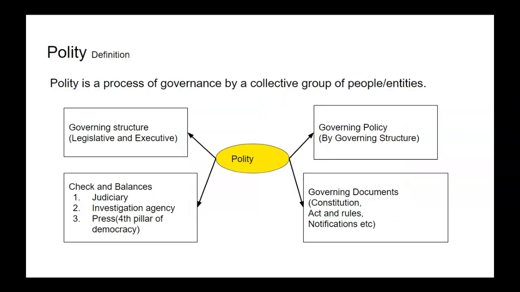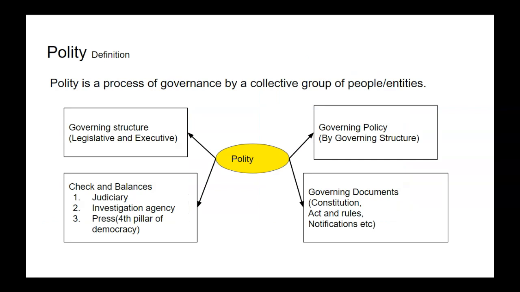Polity. Polity is a process of governance by a collective group of peoples or entities. And the components of polity are governing structure, mainly legislative and executive, then governing policy, derived by governing structure, then governing documents.